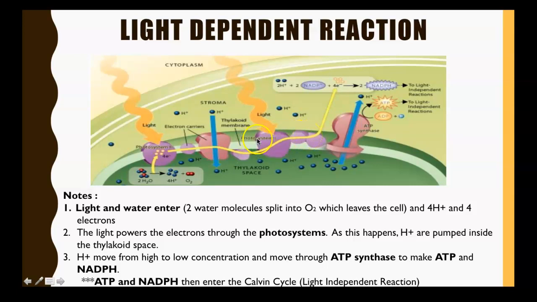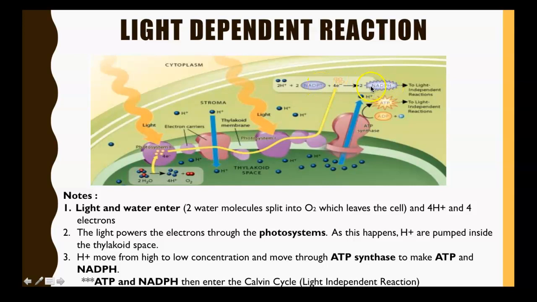Once these electrons get to photosystem 1, they're going to travel down to this embedded protein. As these electrons travel through and past photosystem 1, they are going to help reduce NADP plus into NADPH.